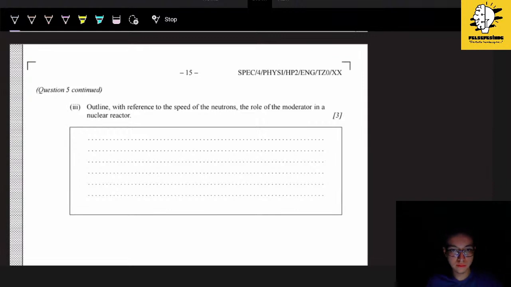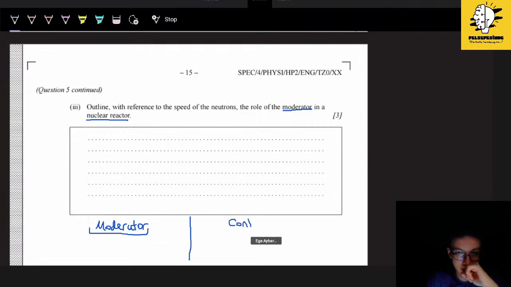Okay, so it's asking: outline, with reference to the speed of neutrons, the role of the moderator in a nuclear reactor. Okay, so let's do a very quick revision. Moderator, and this is the one I usually confuse it with, control rods. These are the 2 parts of the nuclear power station which IB usually asks.